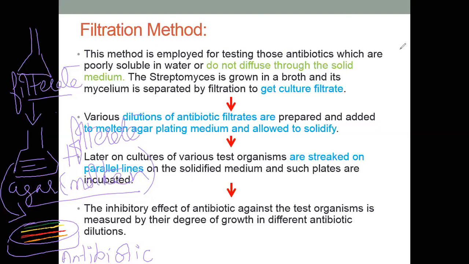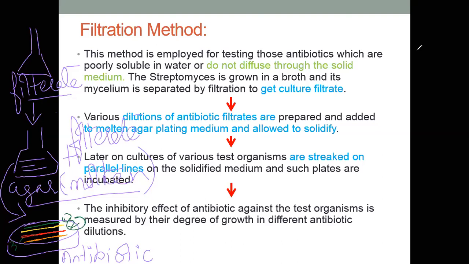And what you want to observe here is which of the test organisms shows no growth over this agar. Let's be precise here, and let's use blue color to say that this was one, this was two, right?